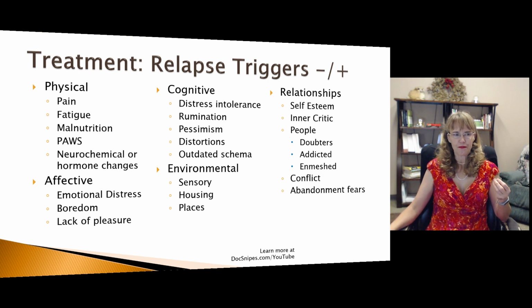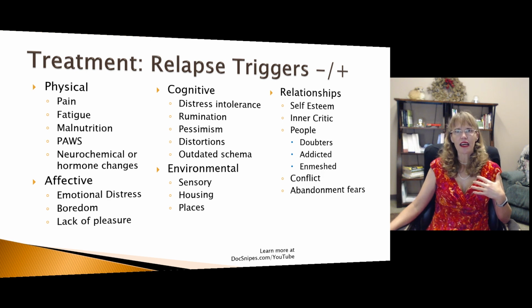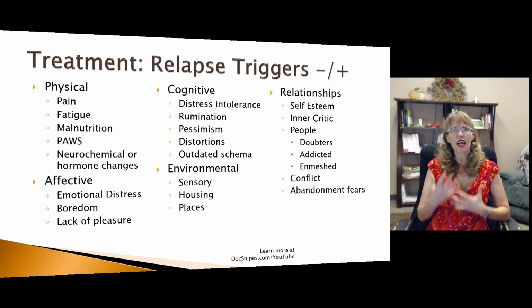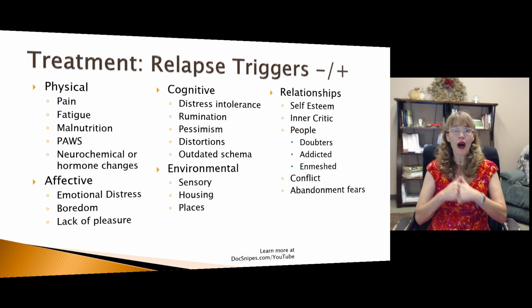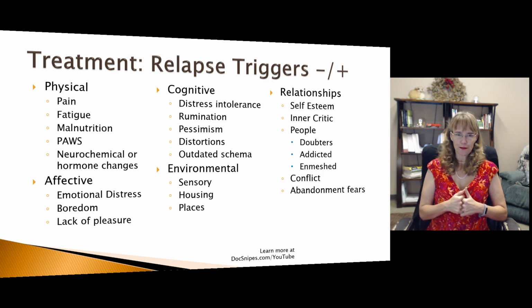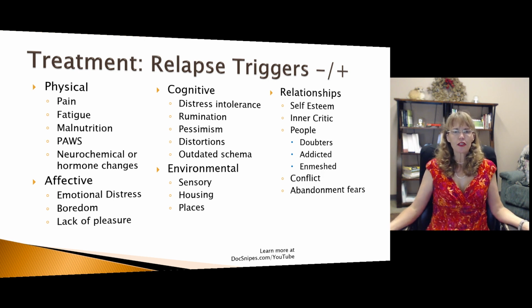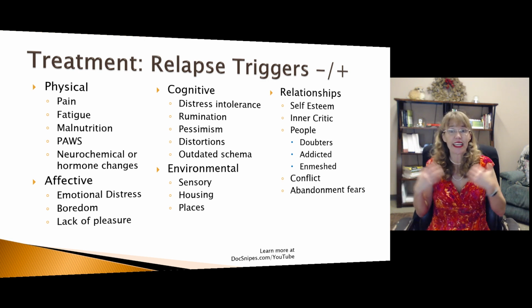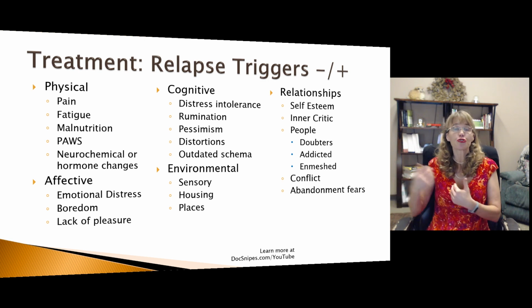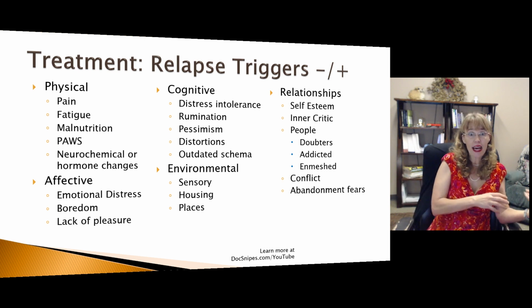Post-acute withdrawal syndrome encompasses the physiological distress and psychological distress that people experience while their brain and body is recovering from use. Neurochemical and hormonal changes are also something that can trigger the desire to use. When they suddenly have an increase in adrenaline, for example, because they get stressed out, that may trigger them to want to use to calm down.